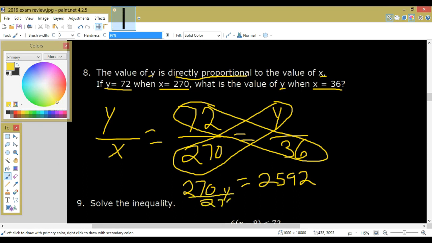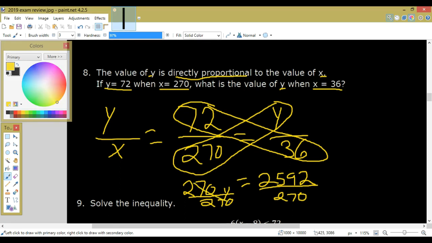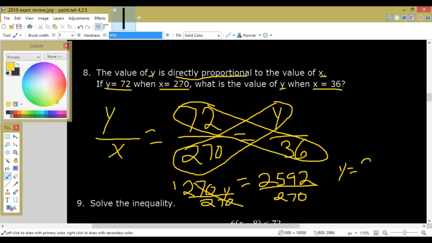So we divide each term by 270. 270y divided by 270 is 1y. And 2,592 divided by 270 is 9.6. And that would be what y is. That would be your answer.